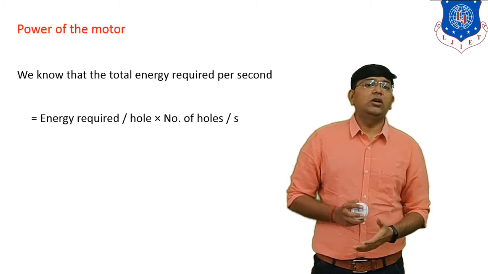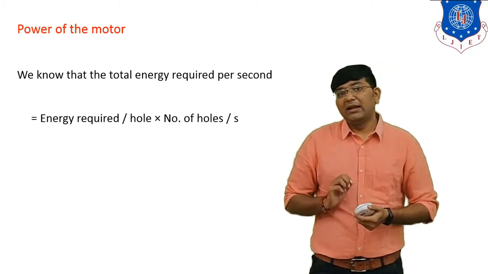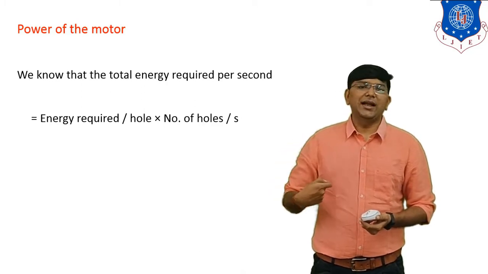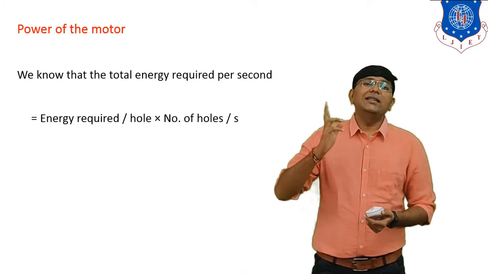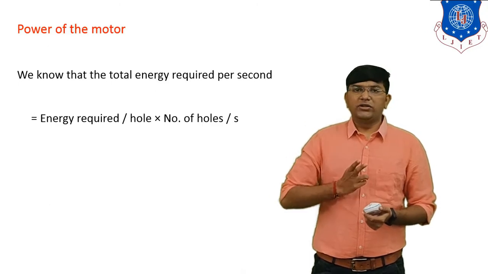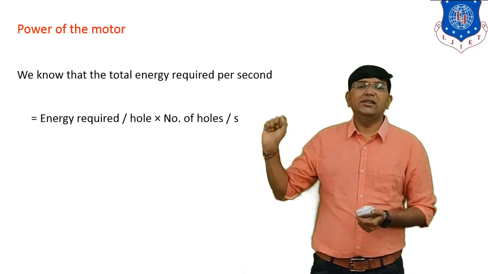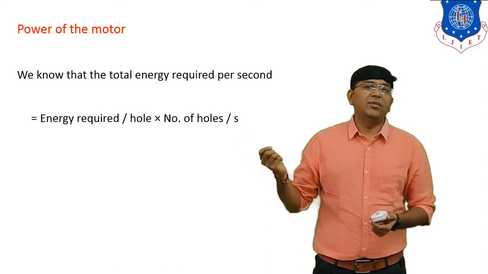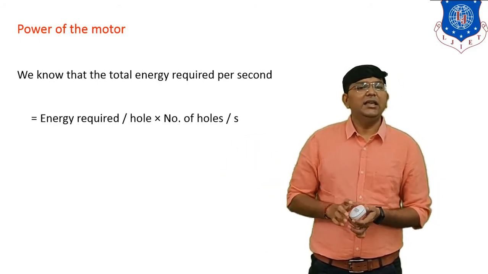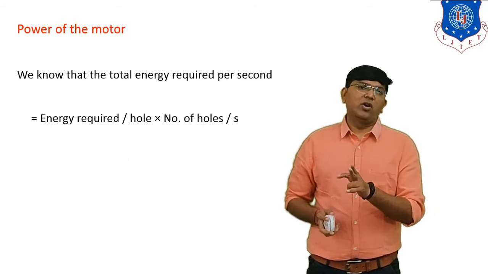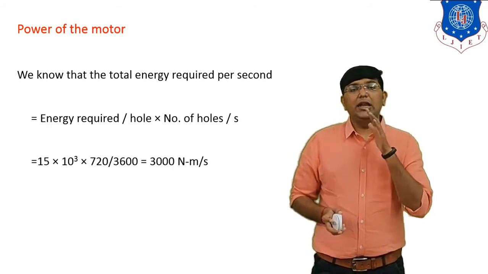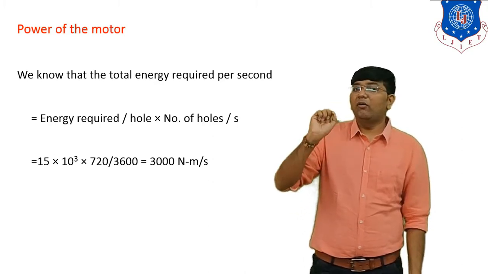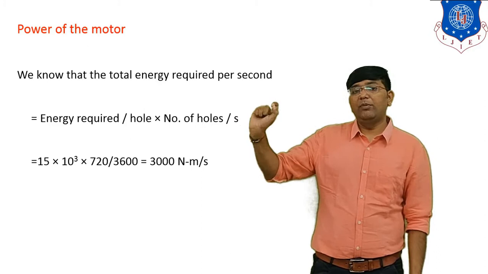We know that the total energy required per second is equal to the energy supplied per hole into the number of holes per second. Now the unit of this equation is energy required per second, and you all know energy required per second indicates the power. So the energy required per hole is 15 into 10 raised to 3, into the number of holes per second. In the data, the number of holes per hour is given, that is 720 holes per hour.